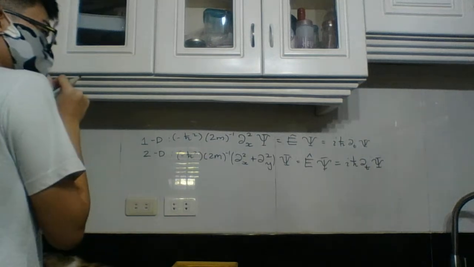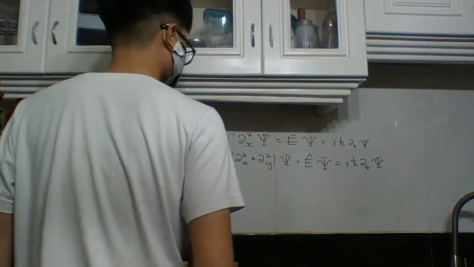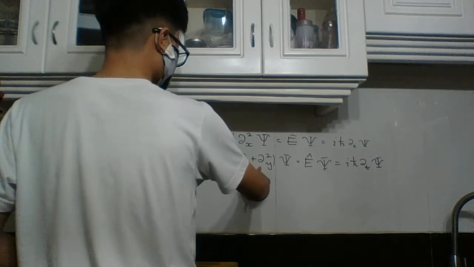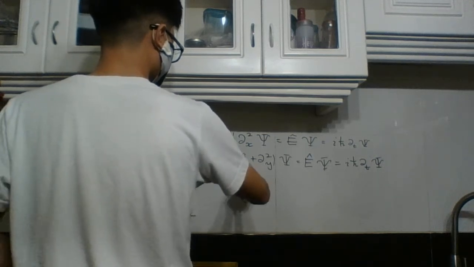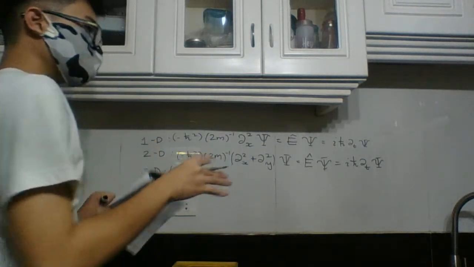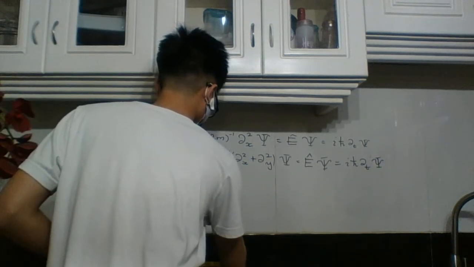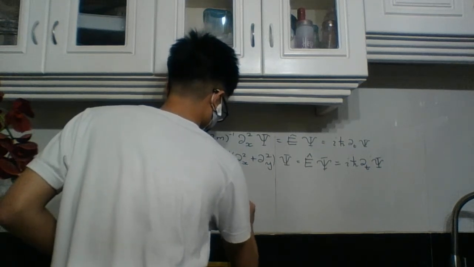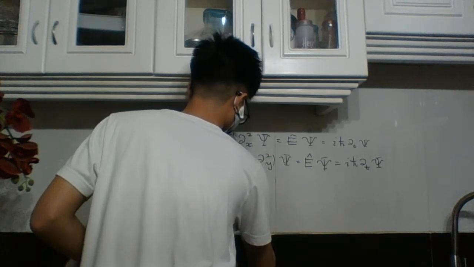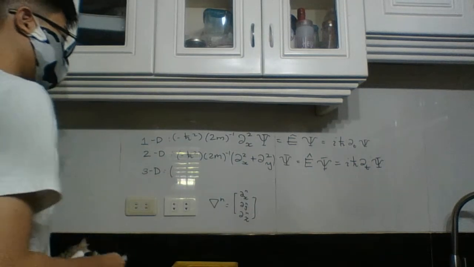Okay. So the three-dimensional case is actually a bit tedious to write out, so I'll use what's called the Laplacian operator, which is just the sum of the second partial derivatives, dotted with this. So it's the dot product. The Laplacian operator is a vector operator, and it looks like this: partial x, partial y, and partial z.